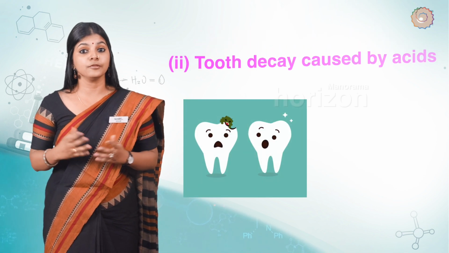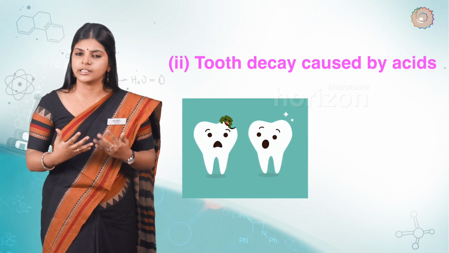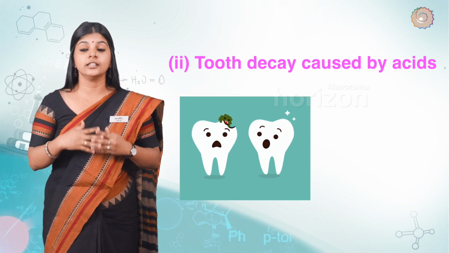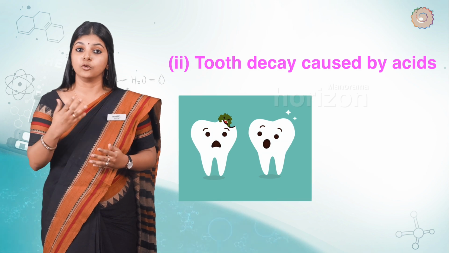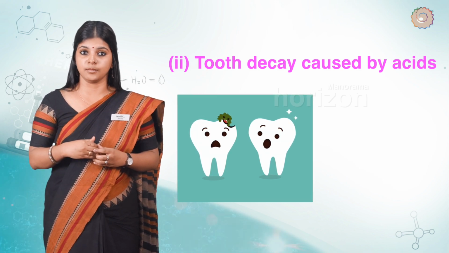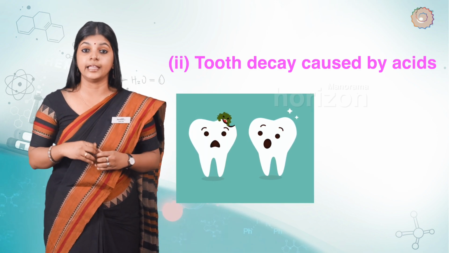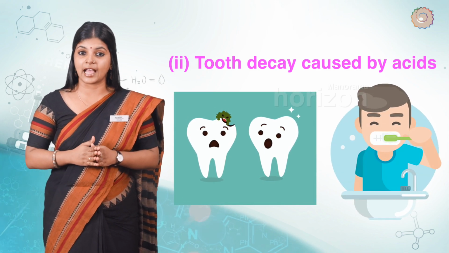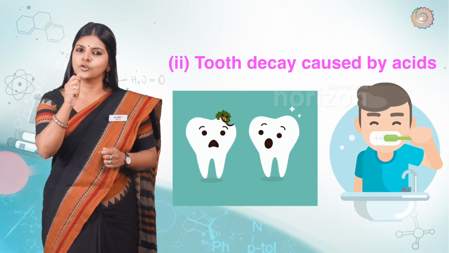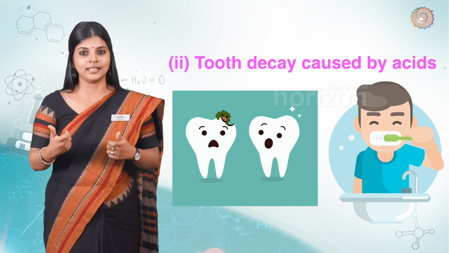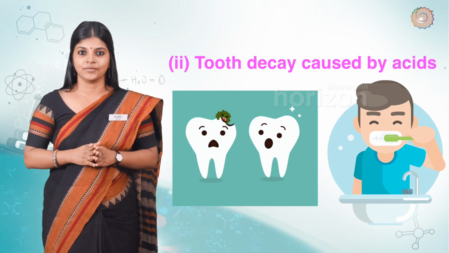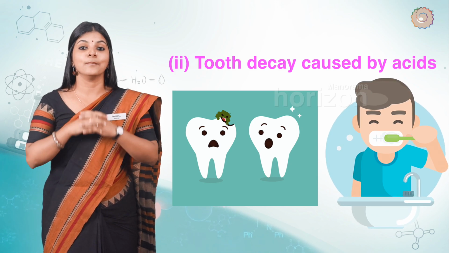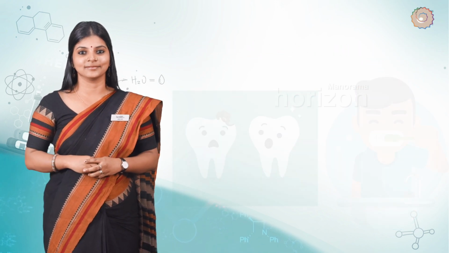Let's see another example, tooth decay. Do you know how tooth decay occurs? The bacteria present in our mouth convert the sugar into acids, and when the pH of the acid formed in the mouth falls below 5.5, tooth decay starts. So we have to remove these excess acids by using a good toothpaste which consists of a base that will neutralize the acid. So it is also important to maintain the pH of our mouth by regularly cleaning it.